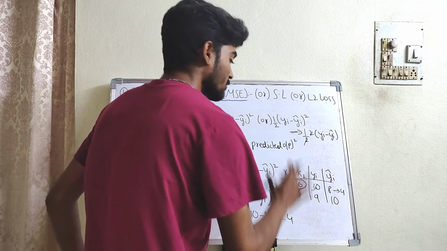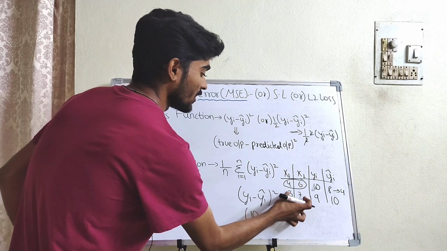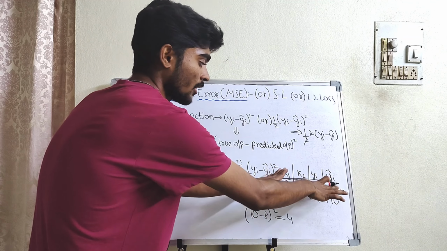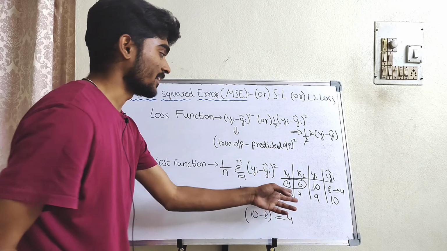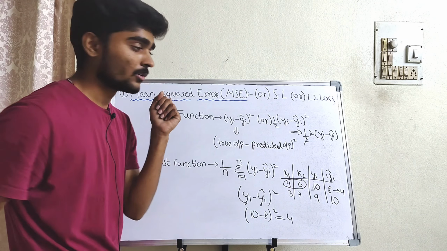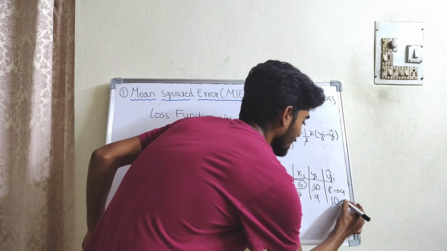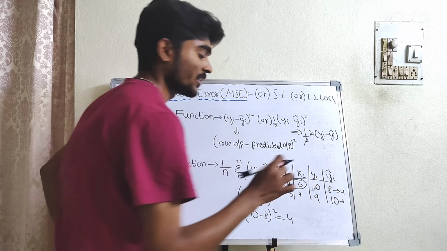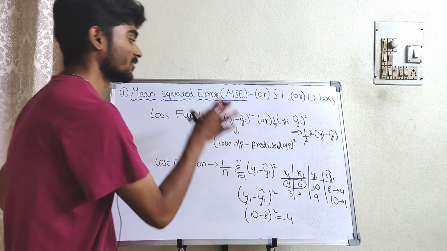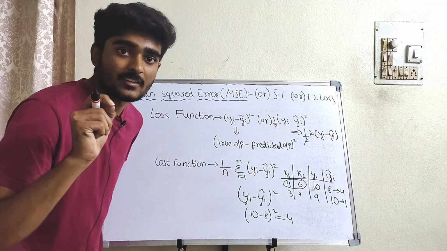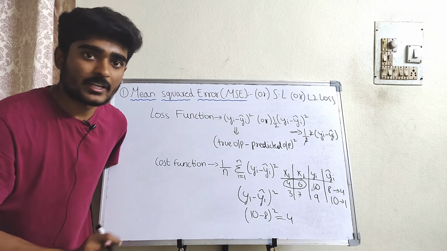Similarly, after completion of this, you send the second training example to your loss function. Now the loss will be calculated as 9 minus 10 is minus 1, and minus 1 whole square is 1. This is how the loss function is calculated for individual training examples.